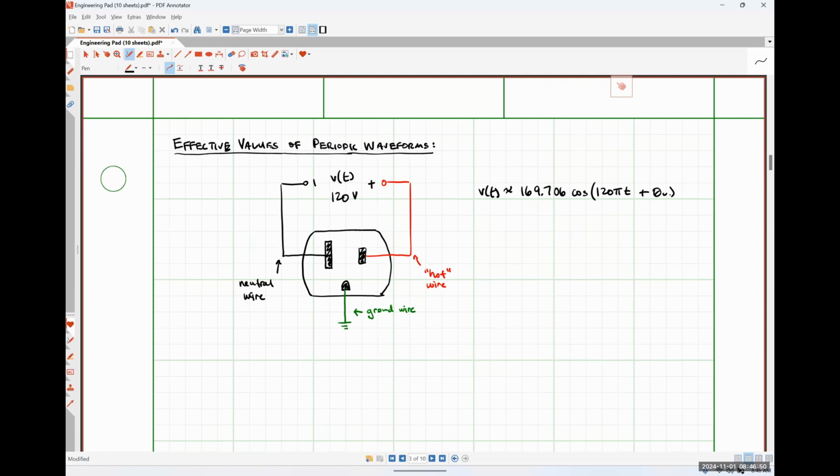Okay, so how do we go from 169.706 cosine 120 pi t plus a phase angle to 120 volts?